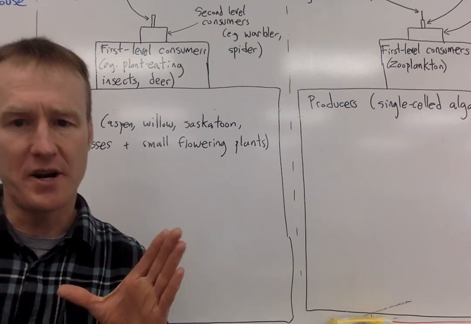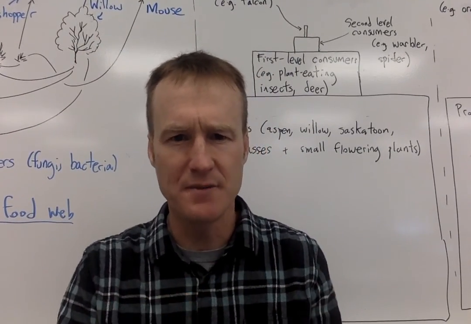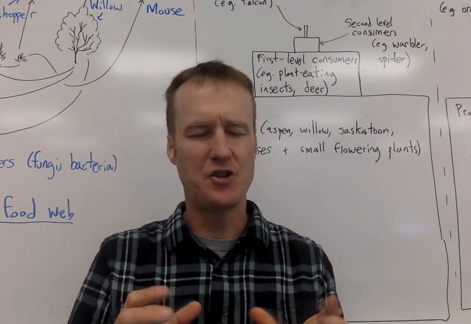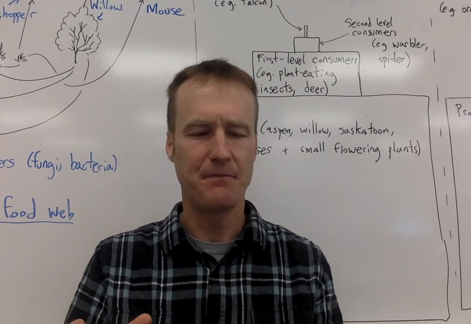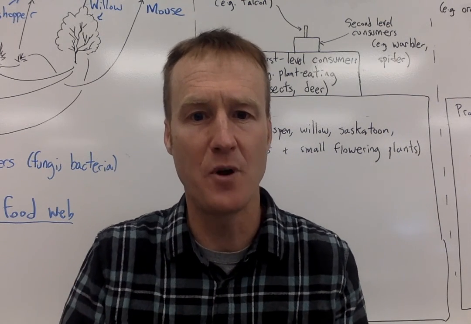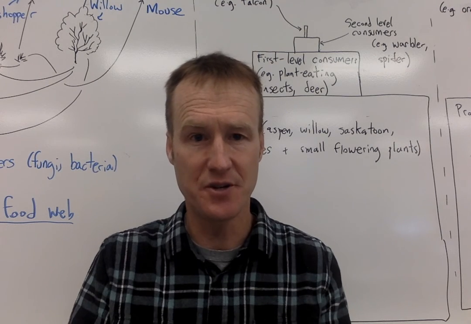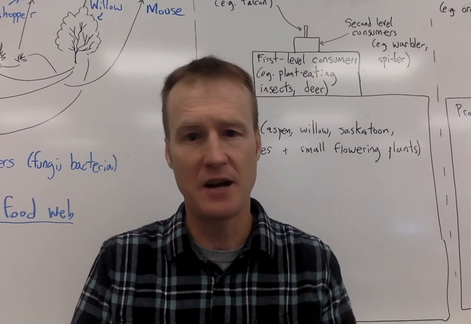An energy pyramid shows not just which individual organisms eat which other ones. It shows the groups of organisms. Groups like producers. These are organisms that make food from non-living sources, like mostly plants are the major producers that you see when you look outside here.